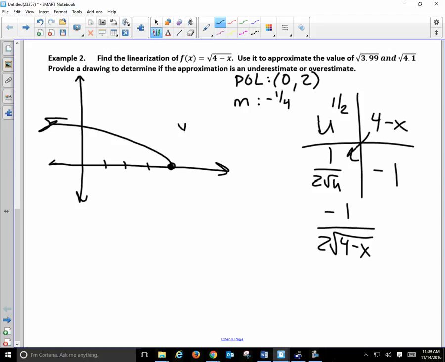And I get y minus 2 is equal to -1/4 times x minus 0. Or y equals -1 over 4 times x plus 2. That's my linearization at x equals 0.